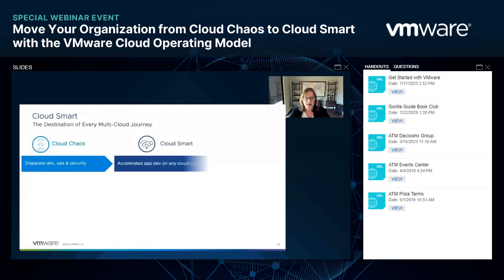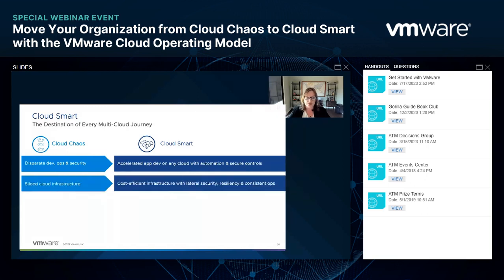So, from where we are today, typically cloud chaos, with disparate dev, ops, and security for the different silos, we move to a place where we are able to accelerate our application development across clouds with automation, secure controls, and consistency.